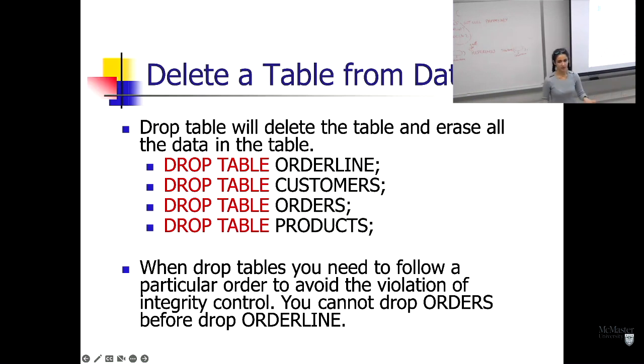You cannot drop some tables before some other tables, for the same reason that we saw for the insert. So for example, you cannot drop the order before dropping the order line. Why can we not drop the order table before the order line?